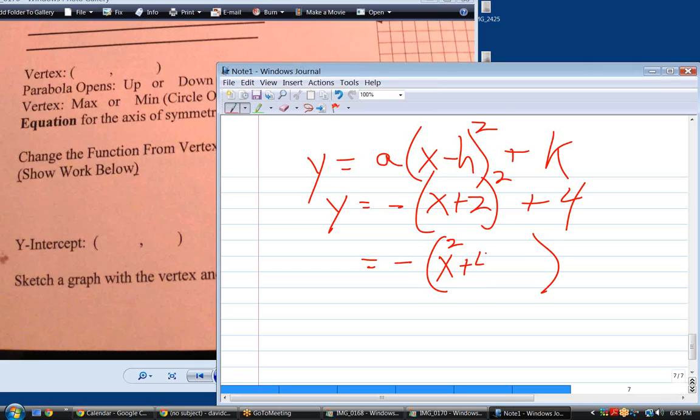Okay, good. Plus 4. Okay. Plus this 4. So now apply the negative sign and combine the numbers. So would that be negative x squared minus 4x.